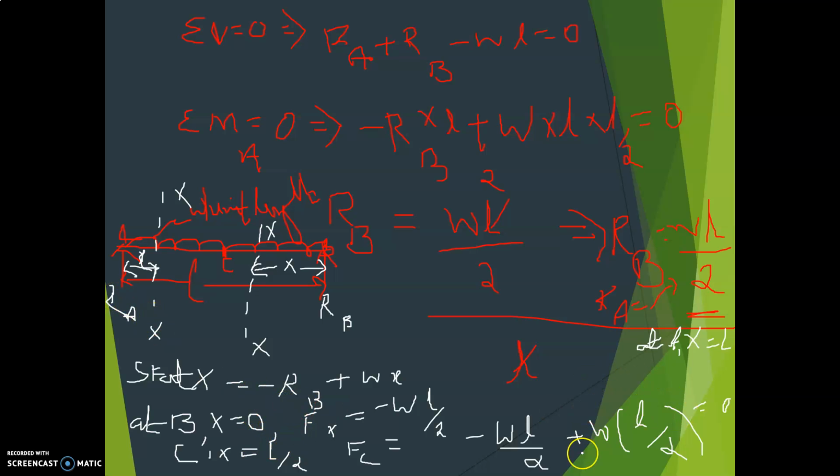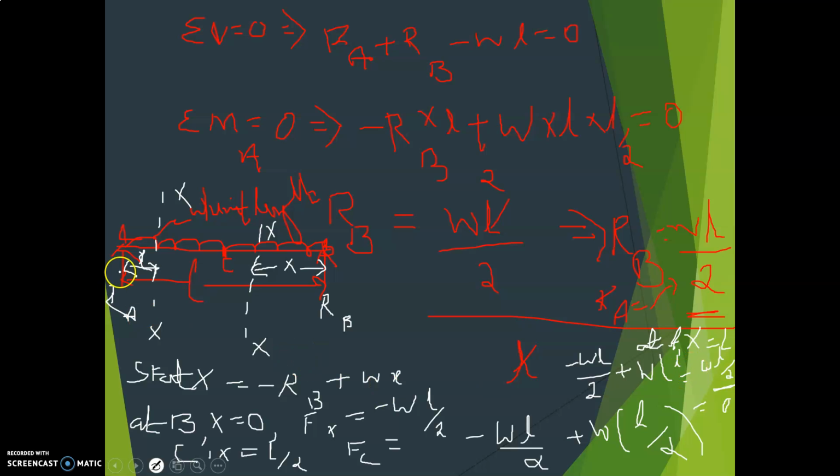Minus RB, that is minus WL by 2, plus W into X, where X is equal to L. Simplify this, what you get? This is minus WL divided by 2 plus WL. So shear force at B is minus WL by 2. Shear force at C is equal to 0. And shear force at A is equal to plus WL divided by 2.